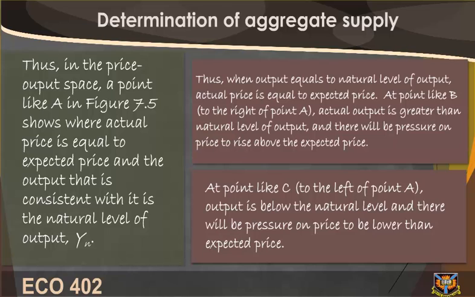At a point like B, to the right of point A, actual output is greater than the natural level of output, and there will be pressure on price to rise above the expected price. At a point like C, to the left of point A, output is below the natural level and there will be pressure on price to be lower than expected price.